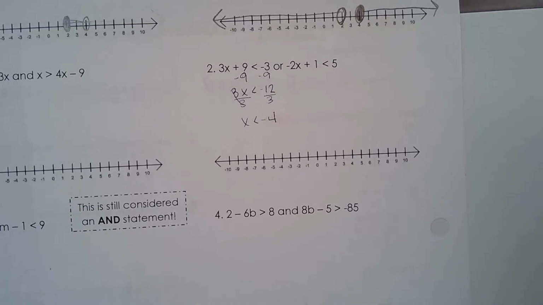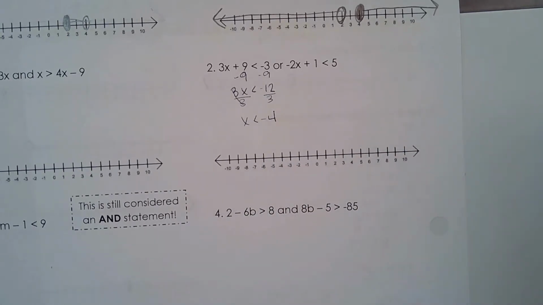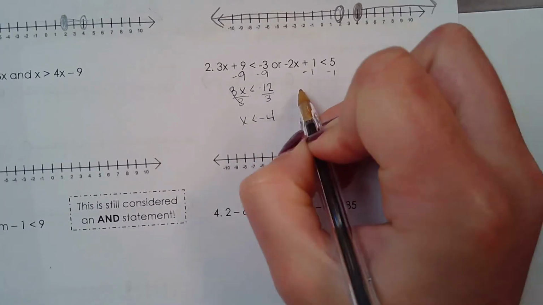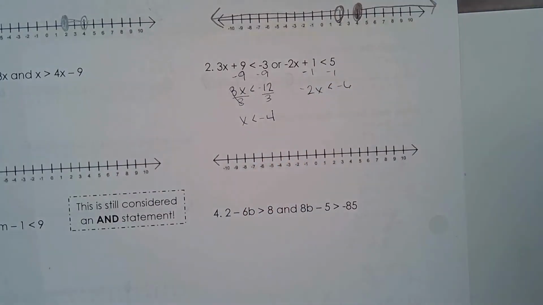So then we have to solve our other inequality as well. MJ, what do we do next? Or what do we do to solve this one? Subtract 1. So we'll have negative 2x is less than negative 6.